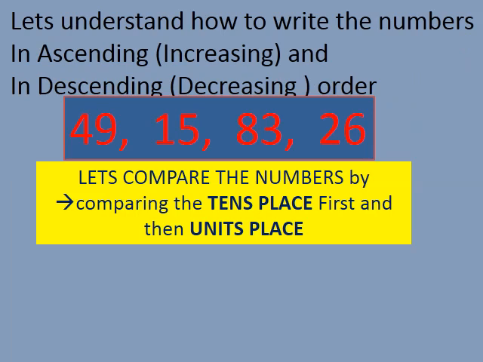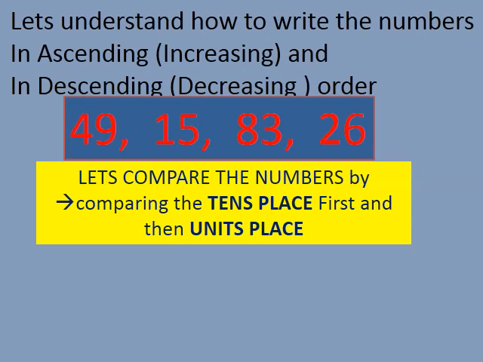Here you can see that there are 4 numbers given to you. Let us try to read them: 49, 15, 83 and 26. Let's find out how to write the numbers in ascending, that is increasing, and descending, that is decreasing order.